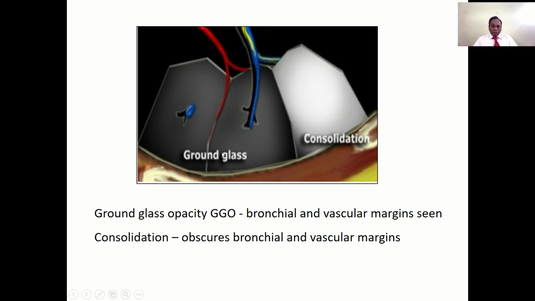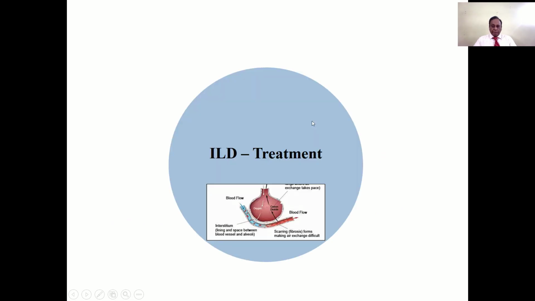Whereas in ground glass, the alveoli are filled with only inflammatory cells, not full edema. That's the reason why in ground glass we can see the underlying bronchovascular markings, but that is not possible with consolidation. Now we are going to ILD treatment.